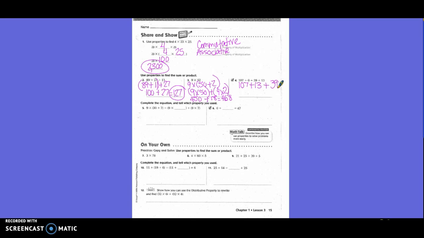So where am I going to put my parentheses? Around 107 and 13, because I'm going to add those together. Because when we see parentheses, we do those first, correct? Okay, so what is 107 plus 13? 120 plus 39 equals 159.